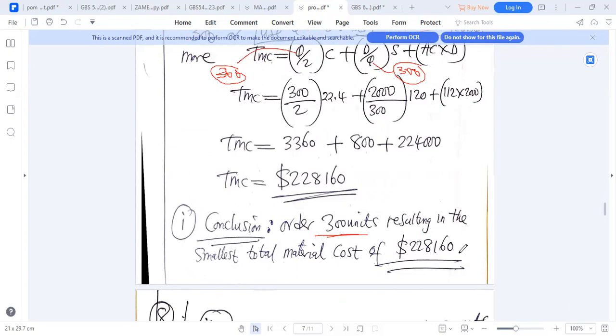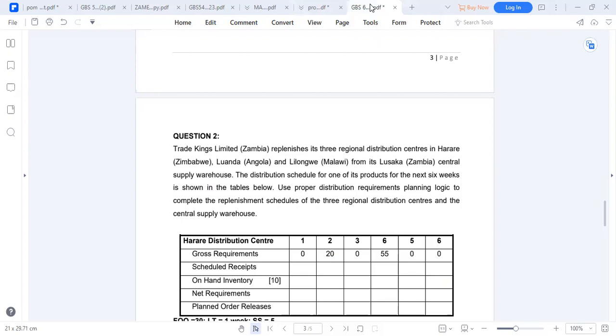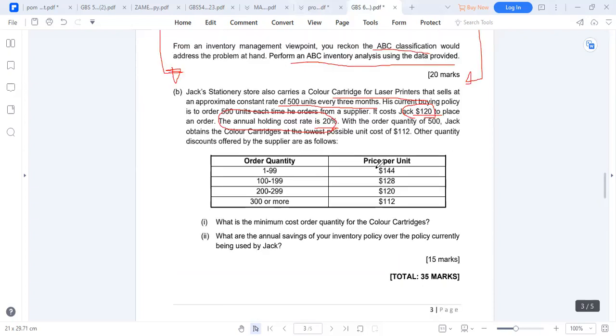All right. Now, from here, we can identify that we need to check one thing we should consider, because from the question, they're also saying that with the current policy, with the current order of 500, Jack obtains the cut rate at the lowest possible cost of 112.